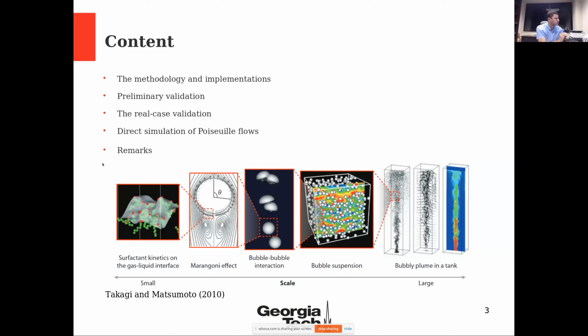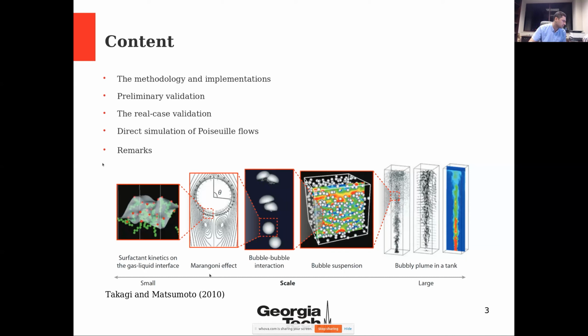In general, surfactant has three major effects. This figure at the bottom is from Takagi and Matsumoto, 2010 annual review of fluid mechanics. The surfactant in general has three major effects on the bubbles.